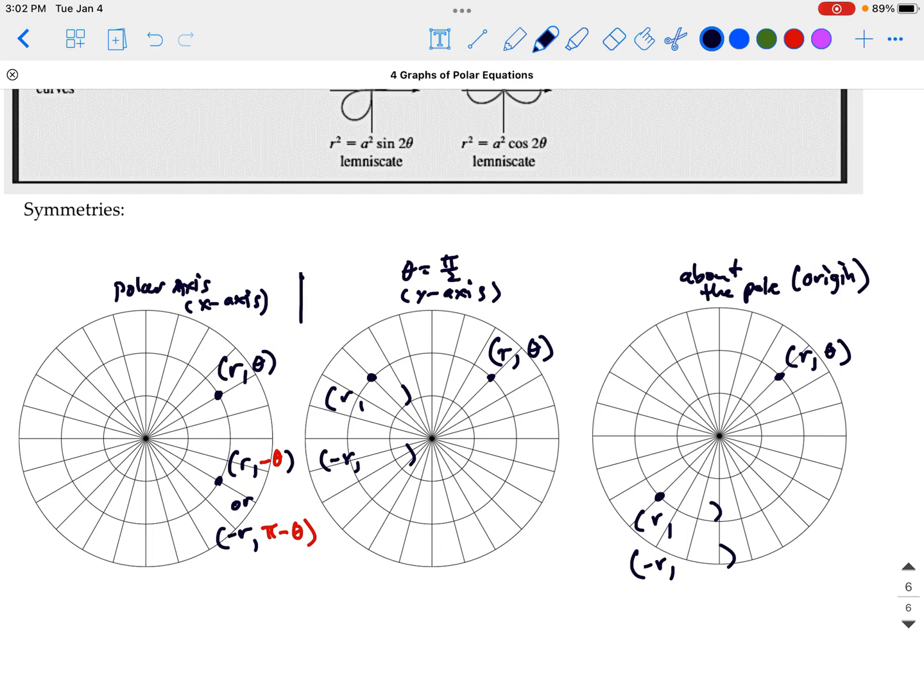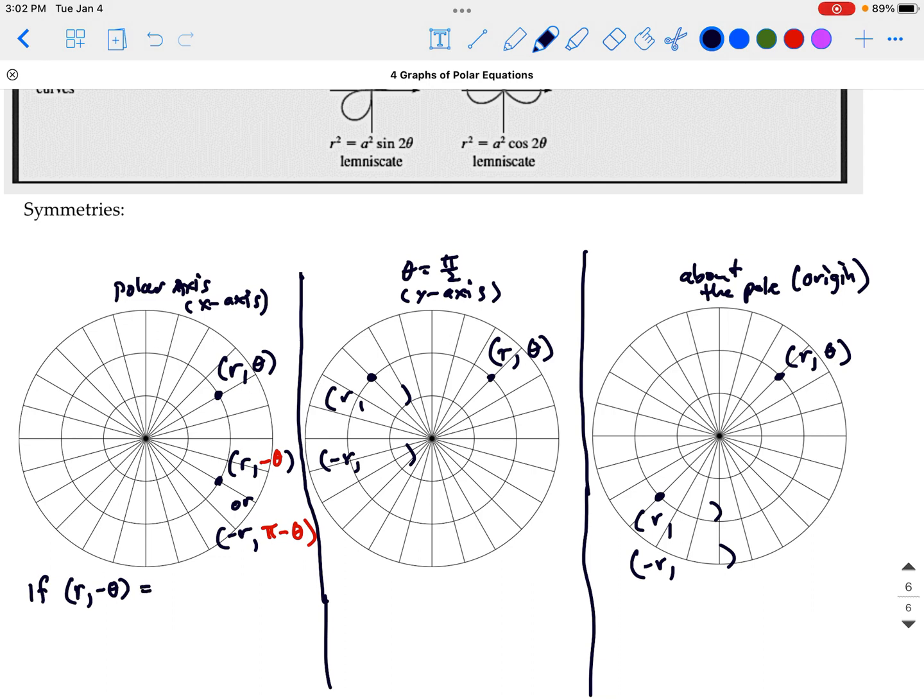So these are the two checks for our polar axis symmetry. Maybe we'll create some dividing lines here. If r, negative theta corresponds with r theta, or if negative r, pi minus theta corresponds with r theta, then we have that particular symmetry. And we'll discuss how to check that symmetry on the next set of notes.